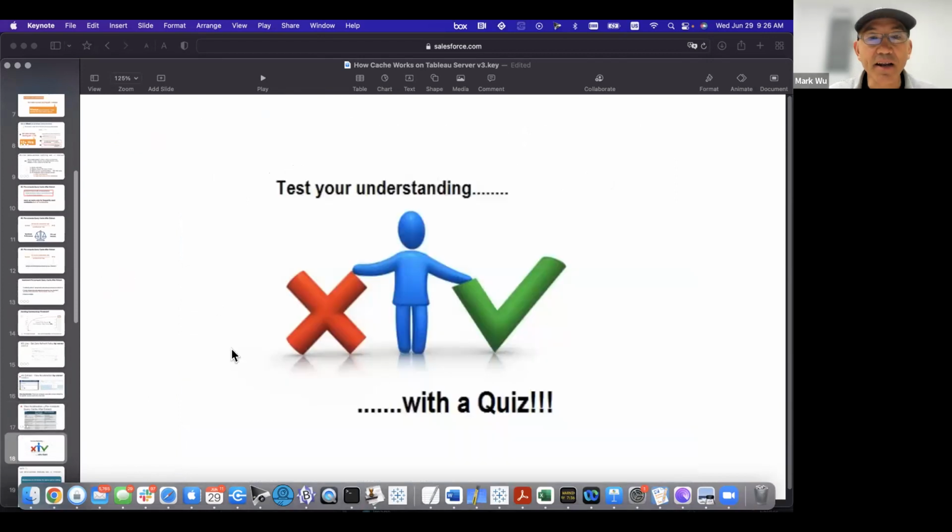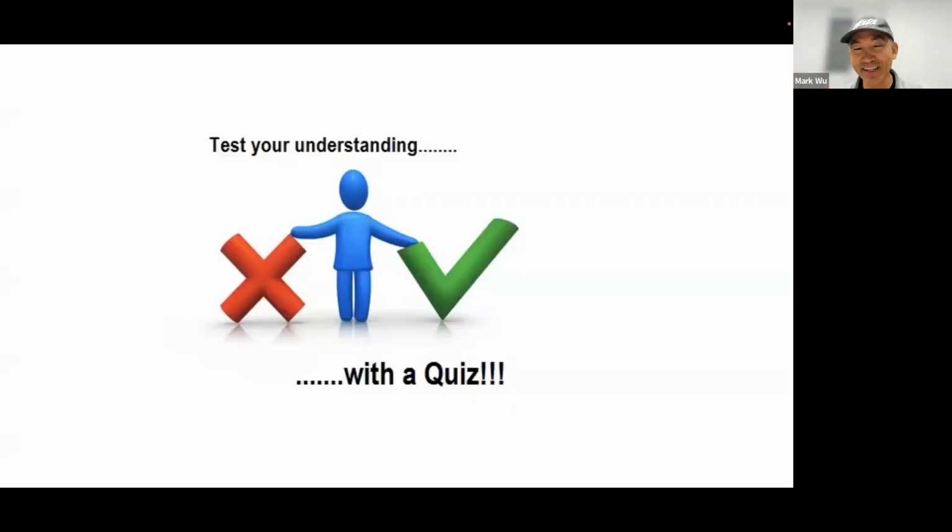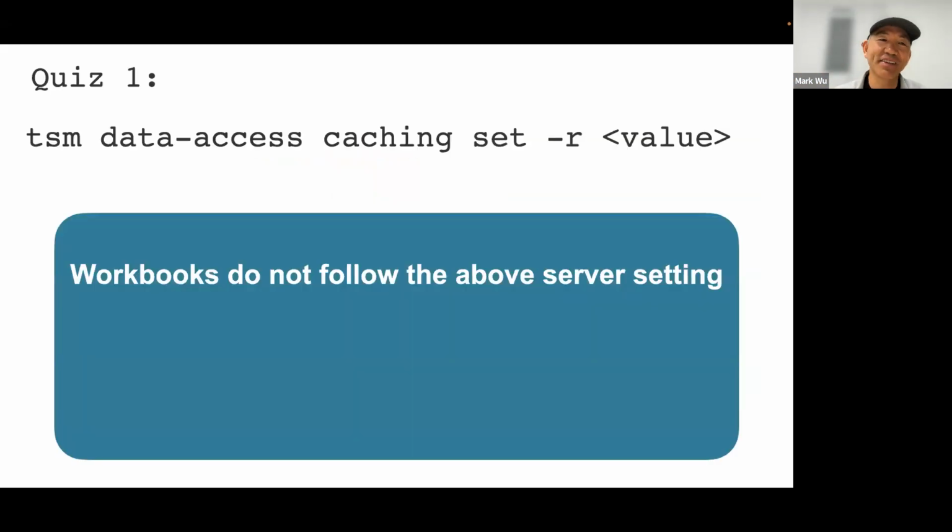All right, let me test your understanding. I went through relatively quickly. Let me test your understanding of the cache features. With the data access cache setting, two types of workbooks do not follow it.